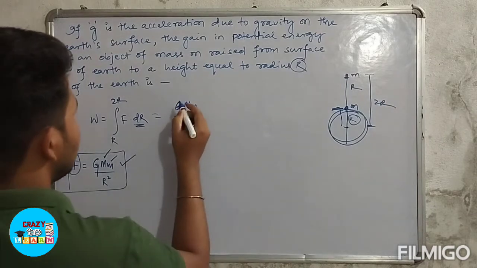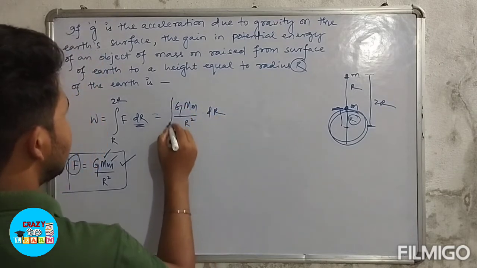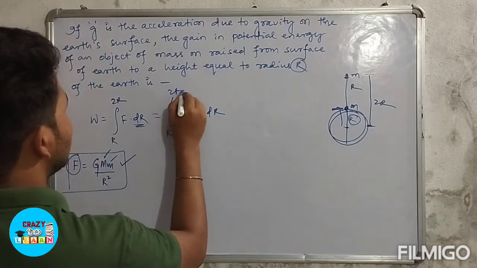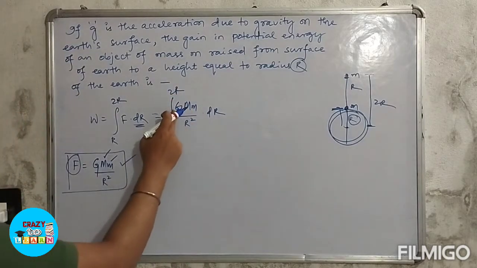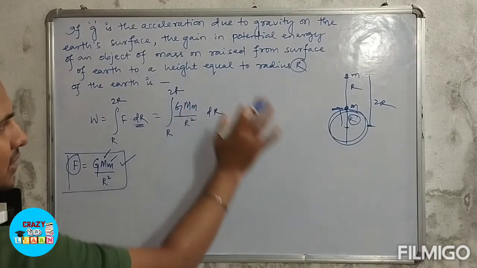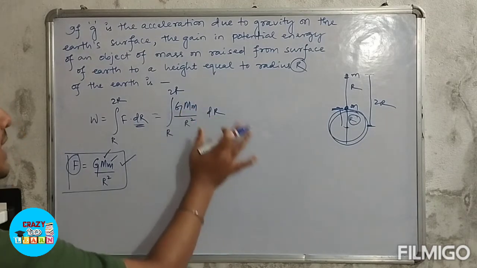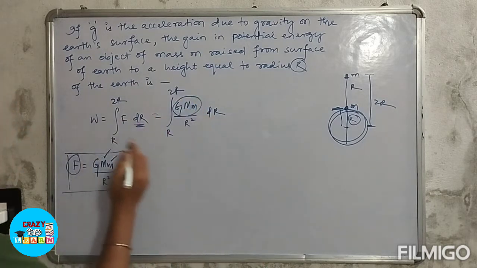So GMm by r square dot dr, integration from r to 2r. Clear? G is the universal gravitational constant, capital M is the mass of the earth, and the mass of the object is also constant. All three are constant, so just take them out.